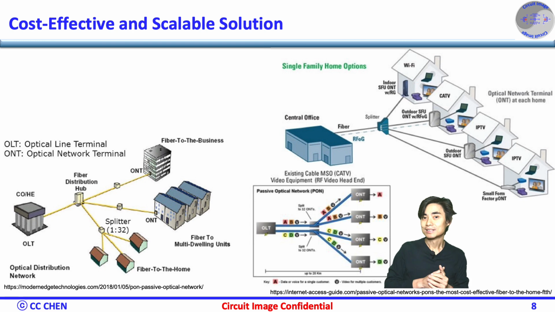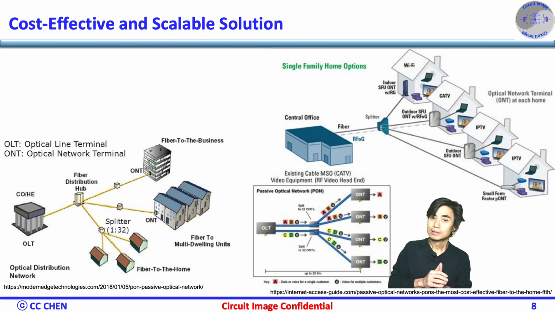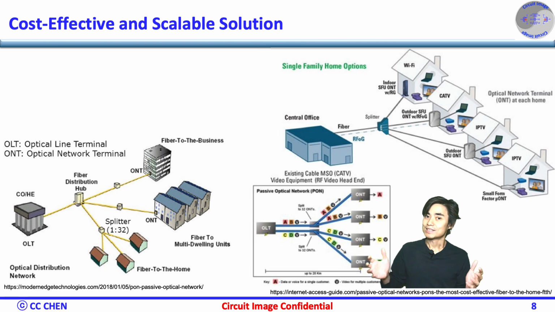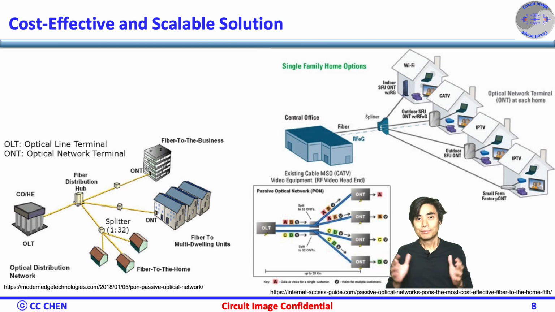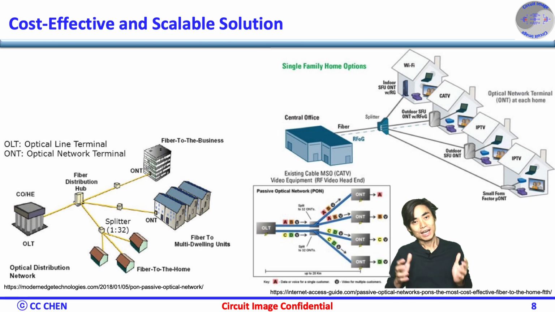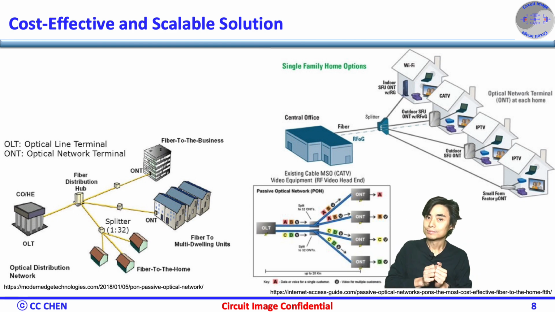equipment needed. This makes it much more cost efficient, particularly for large-scale deployments like fiber to the home. In these environments, PON minimizes the need for expensive cabling and infrastructure, lowering deployment costs.